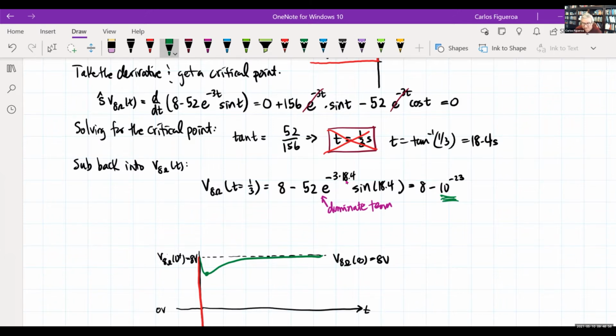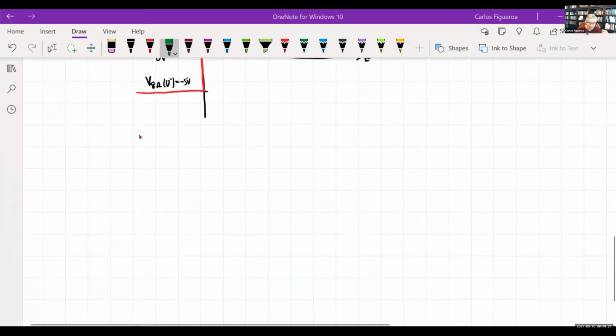That thing is just dominant. It's going to kill this term off right away. But like I said before, I would have punched that into my calculator ASAP. I wouldn't be trying to plot this by hand, but I'm just saying that's one way to look at it.